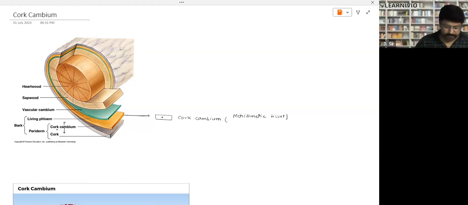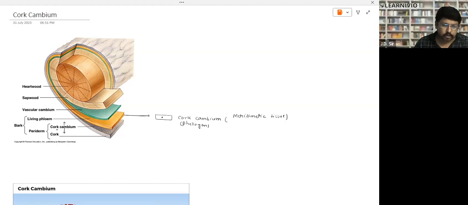Basically this cork cambium is known as phellogen. This layer is called phellogen. The cork cambium layer is called phellogen.